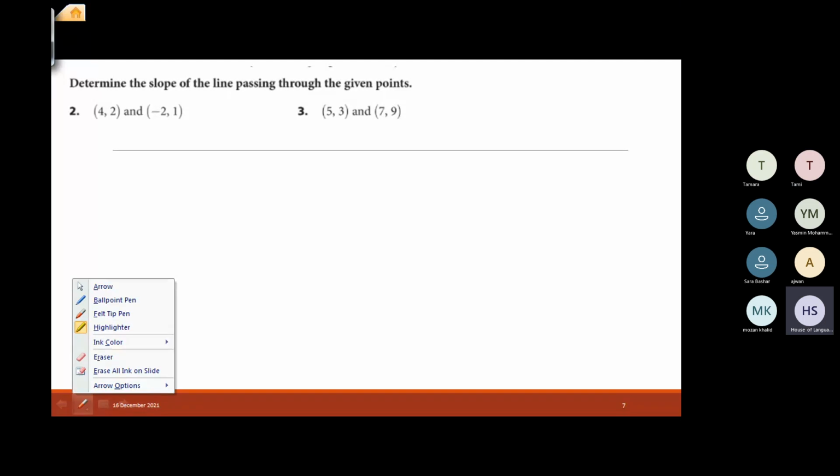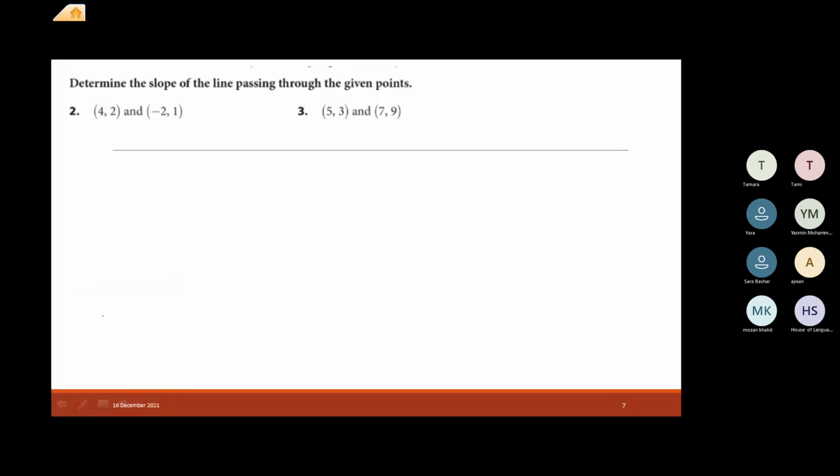Maybe it's highlighting. Yeah. But try the formula, please.